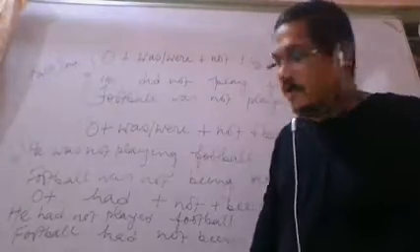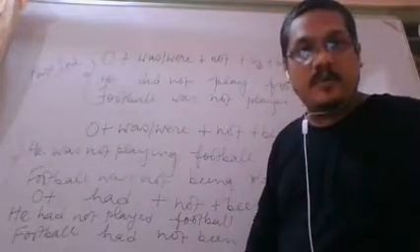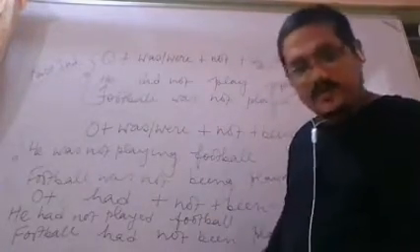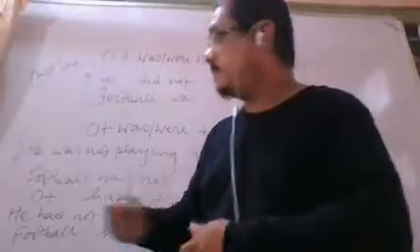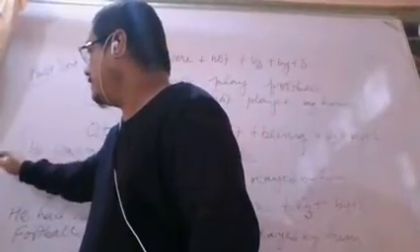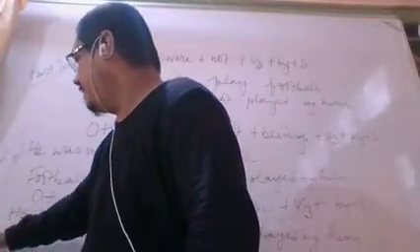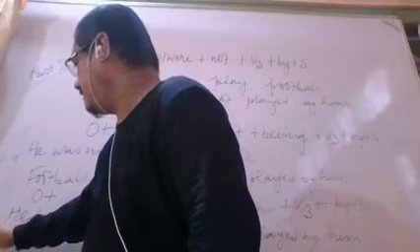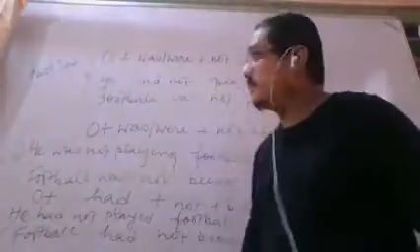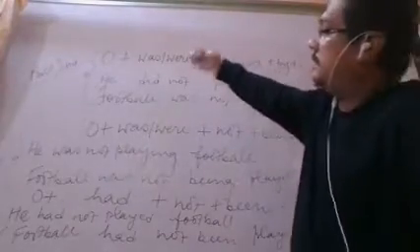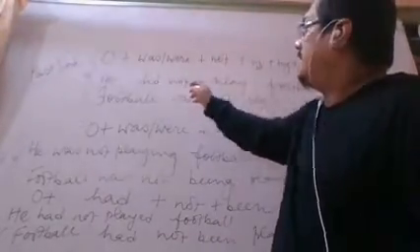So students, I have written for past tense. Now you see here, this one is past indefinite, this is past continuous, then this is past perfect tense. Okay, now here in the first part we see that he did not play football.